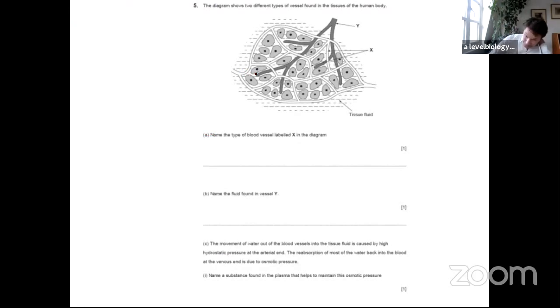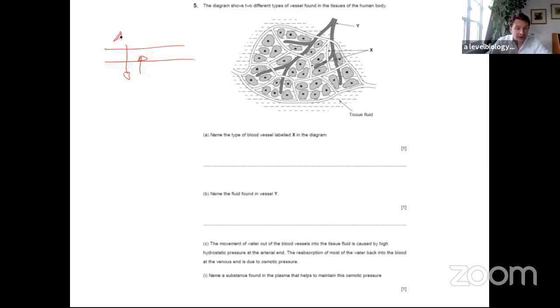Here's another point where it comes up, in tissue fluid formation. Because remember, tissue fluid formation is a balance of hydrostatic and osmotic pressure, in that you've got hydrostatic pressure created by the pumping of the heart, which is forcing the plasma out at the arterial end, and that's balanced by an osmotic pressure called an oncotic pressure, which is the net difference between the osmotic pressure of the plasma and of tissue fluid.